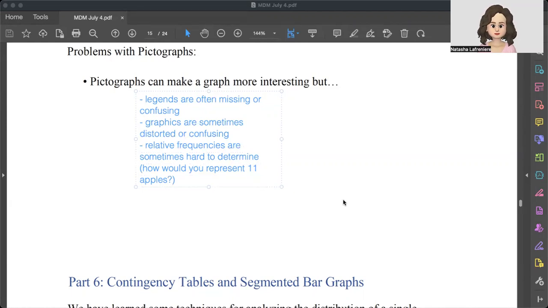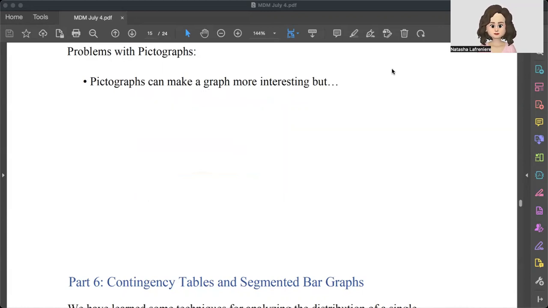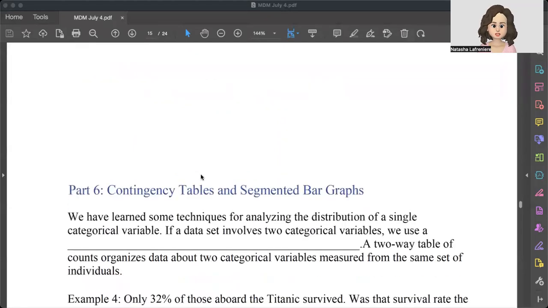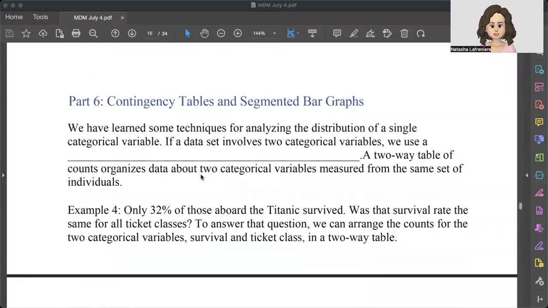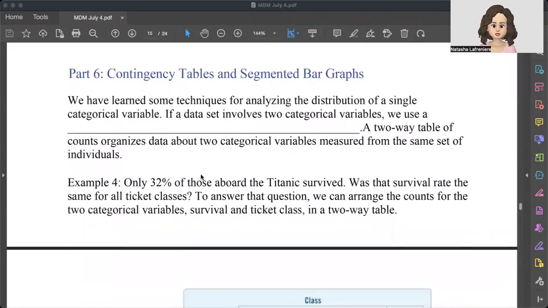Okay, so I'm going to clear this and we're going to look at the last part of the graphs and tables. We've got contingency tables and segmented bar graphs. We have learned some techniques for analyzing the distribution of a single variable.